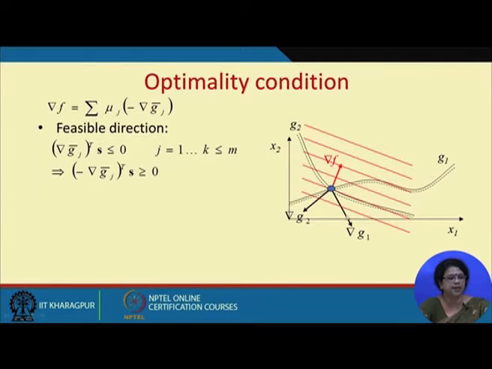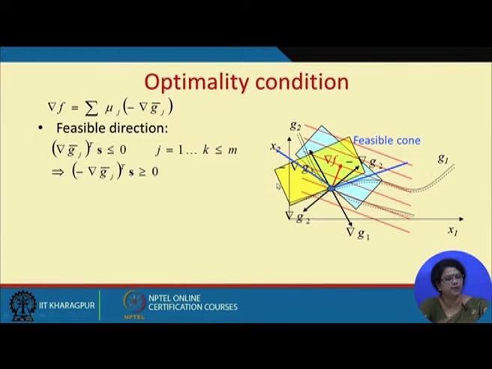For every constraint we can make one half space in the negative direction of grad G1. This is the half space over minus grad G1. Similarly, we can have another half space over minus grad G2. If we consider the cone spanned by minus grad G1 and minus grad G2, this is the feasible cone.